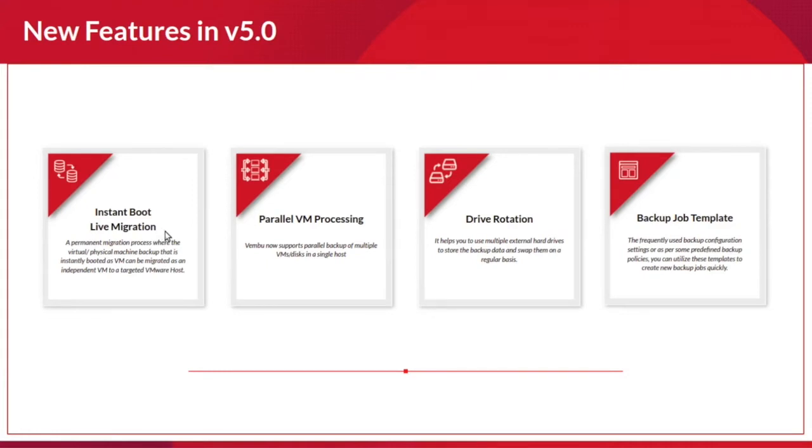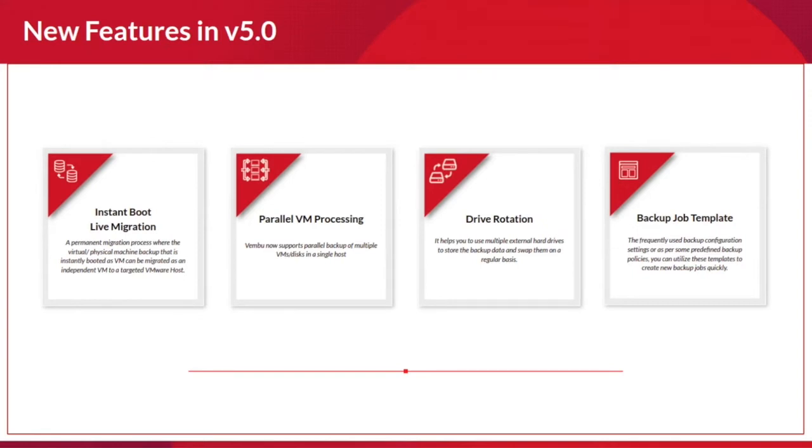Within a couple of minutes, you'll be able to get this backup data up and running, and you can use this instant boot VM as your main production VM and make all the changes on it. This is how the instant boot recovery works.